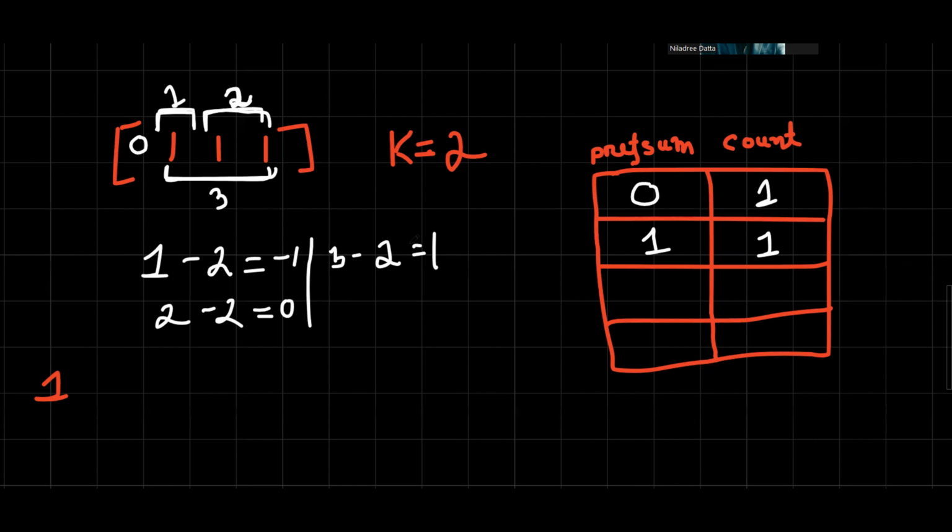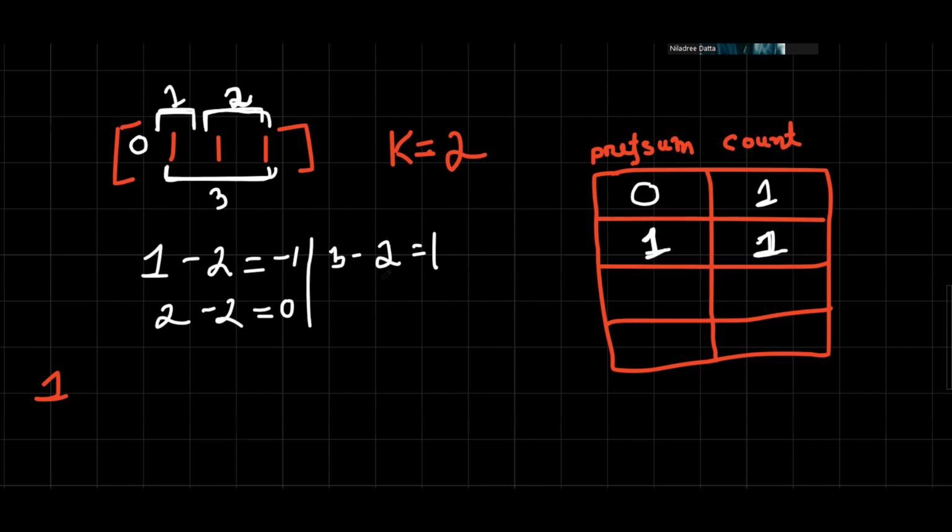So we have to determine whether in our prefix sum counter there is an entry of 1 or not. So we can say that there is an entry 1 and which appears 1 time into the array. Or we can say that the prefix sum 1 appears 1 time into the given array.